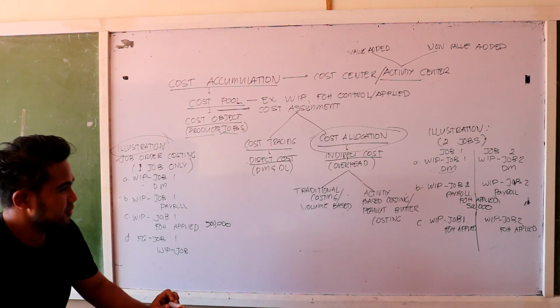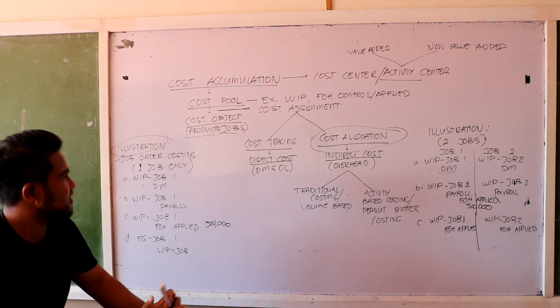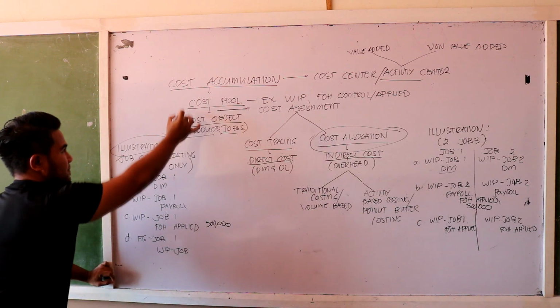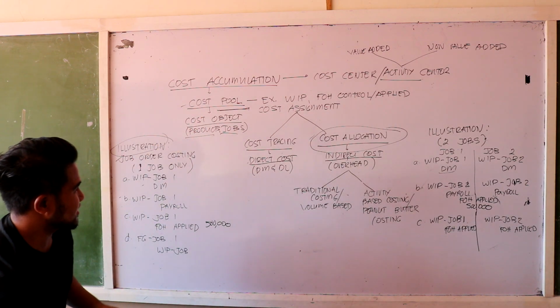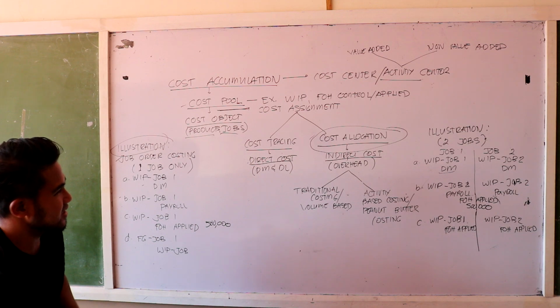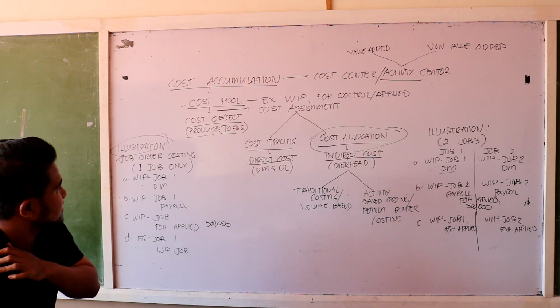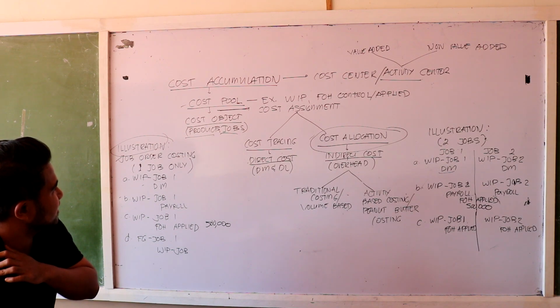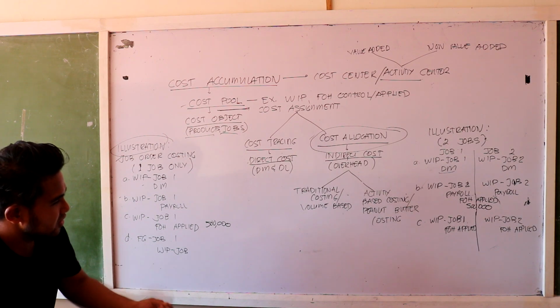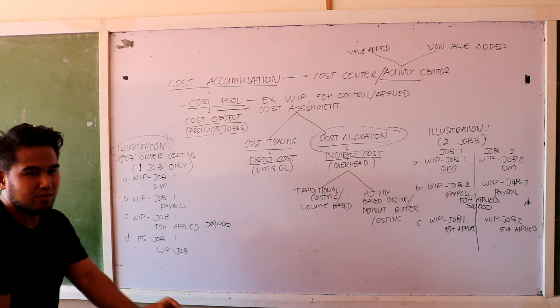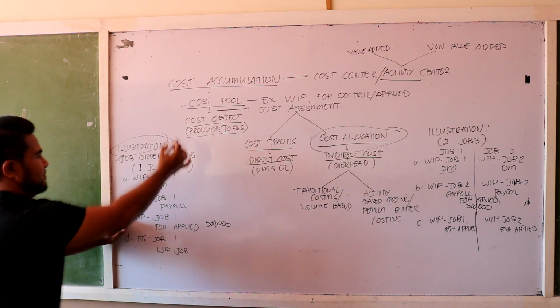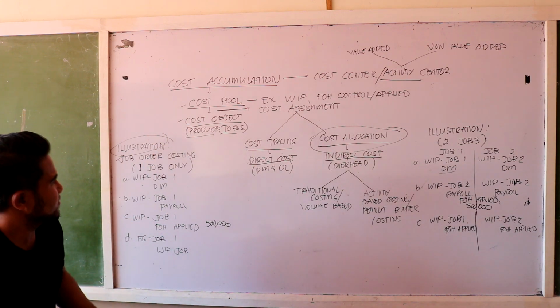So guys, after cost accumulation, all accumulated costs ilalagay natin sa ating cost pool. So example of our cost pool would be our work in process and our factory overhead control or applied. So after our cost pool, all costs accumulated in our cost pool, we will give those to our cost object. How?